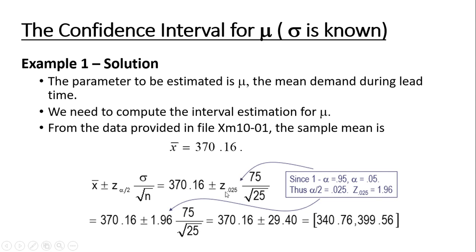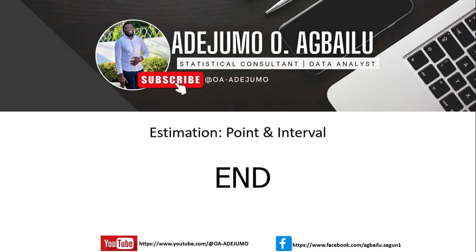When you do the mathematics, this results in a lower bound of 340.76 and an upper bound of 399.56. So we can say that the population mean for that process is between 340.76 and 399.56. I hope that is clear.